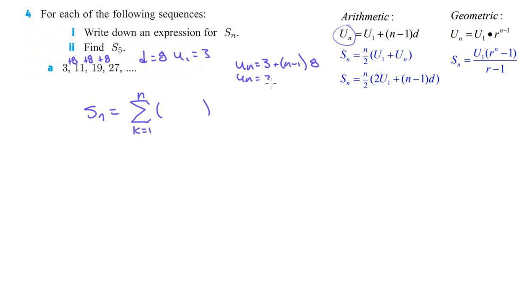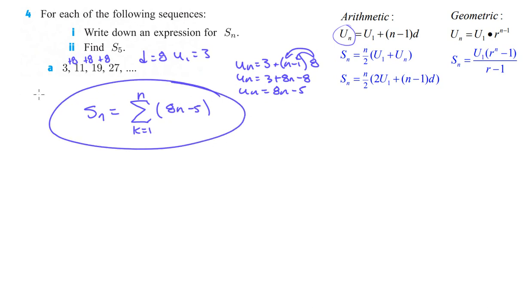Distribute that 8 to both parts, we get 8n minus 8. So u sub n equals 8n minus 5, and that's what we're looking for in part 1.